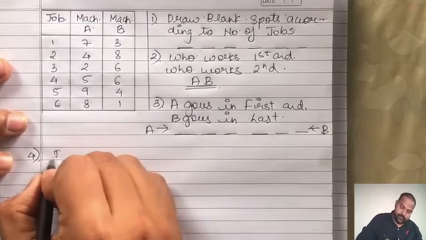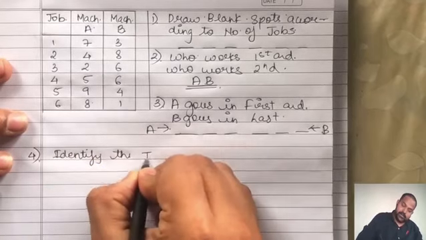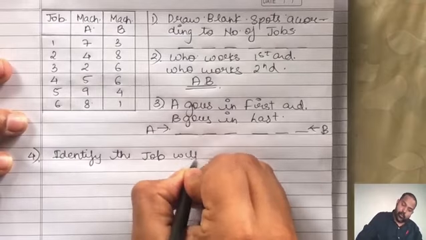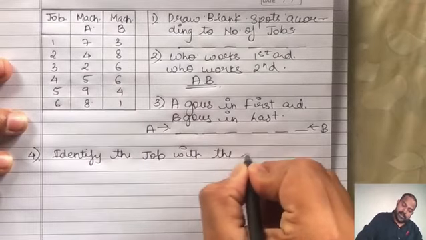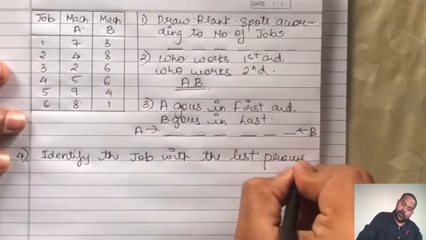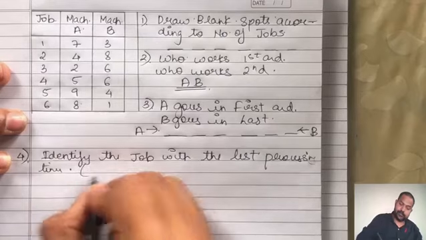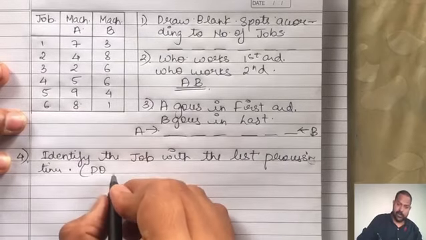Fine. Step number 4, and this is from where the sequencing begins. Identify the job with the least processing time. Now, people will ask, sir, but where? I'll tell you.